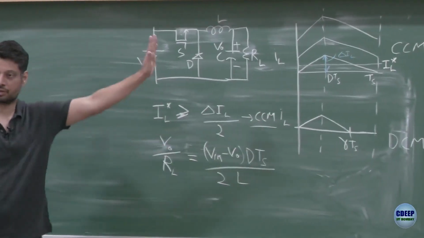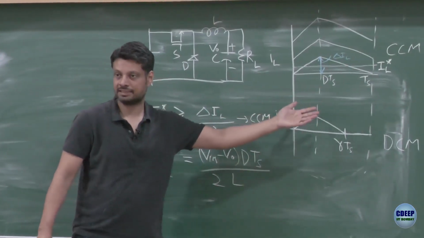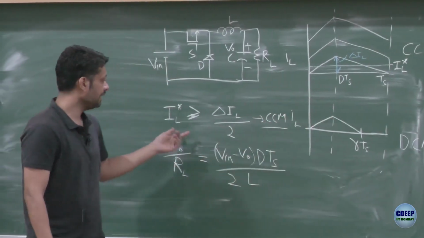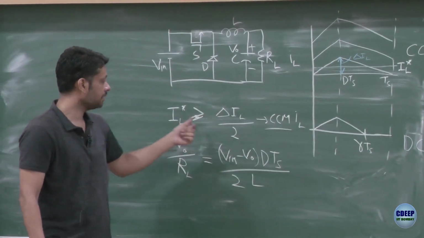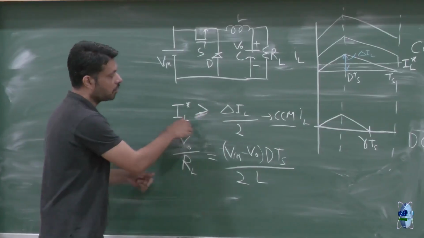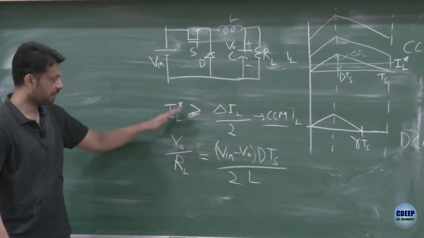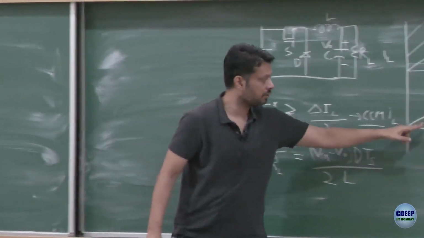That part you are sure about, you agree. You may be thinking about what happens here, and we'll analyze it in a little more detail. But certainly if the average current is greater than delta IL by 2, you are confident that this is in CCM, there is no question about it. So let us find this condition and then we will see how this changes.